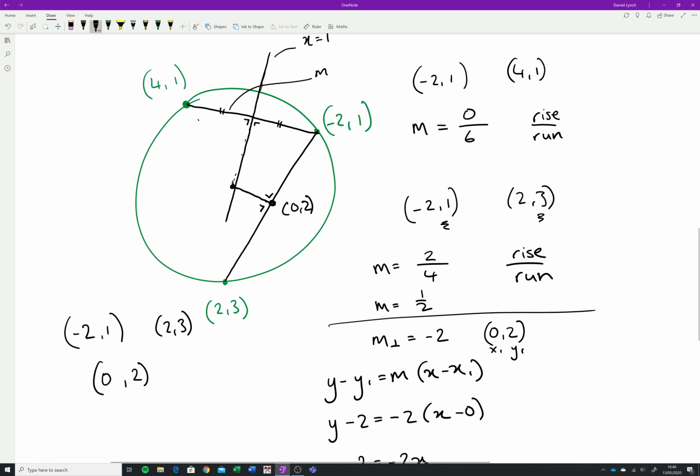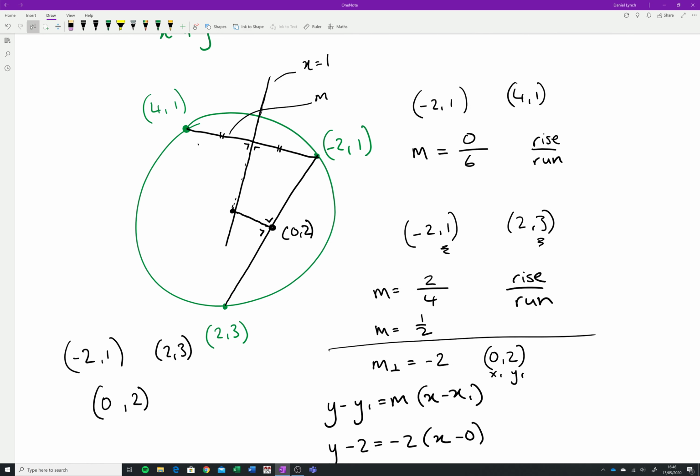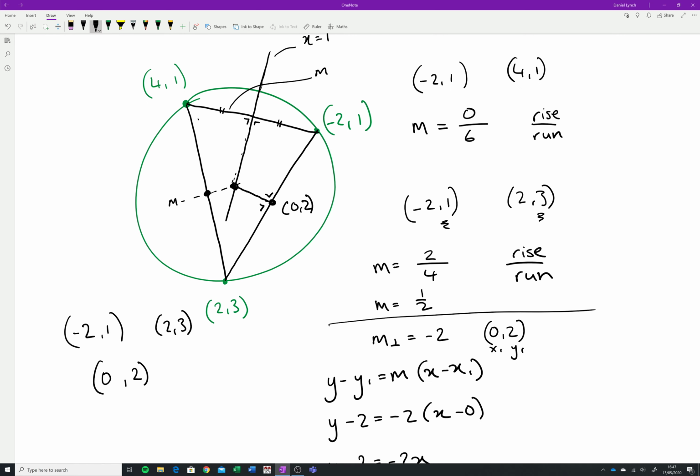Now, what would normally happen, and in fact, it would happen if we did it with this one here: if you get the slope of that line, and then the slope of the perpendicular, and then you get the midpoint, you'll have this slope, you'll have that point, you'll be able to get an equation of a line, and just do simultaneous equations to find this center point here.